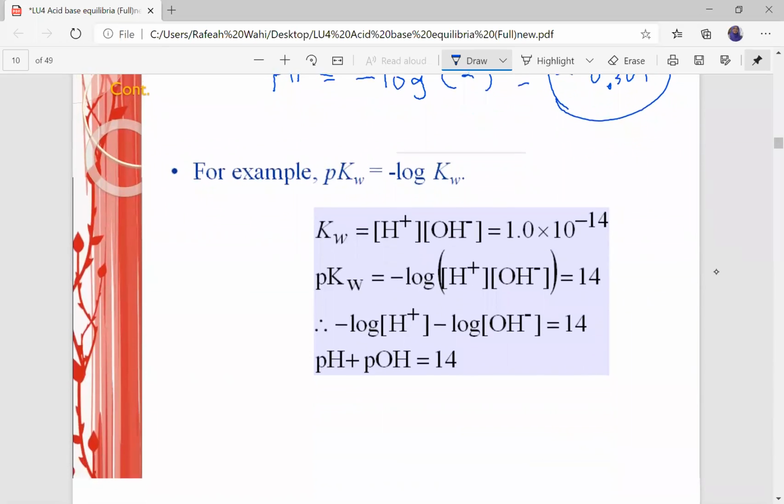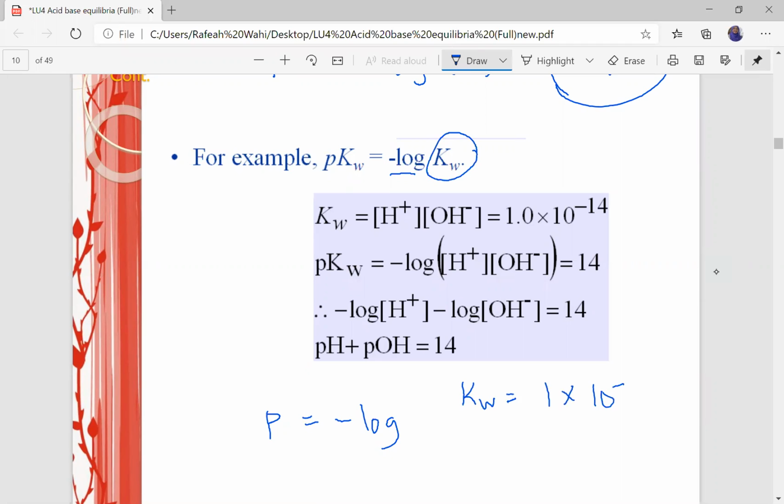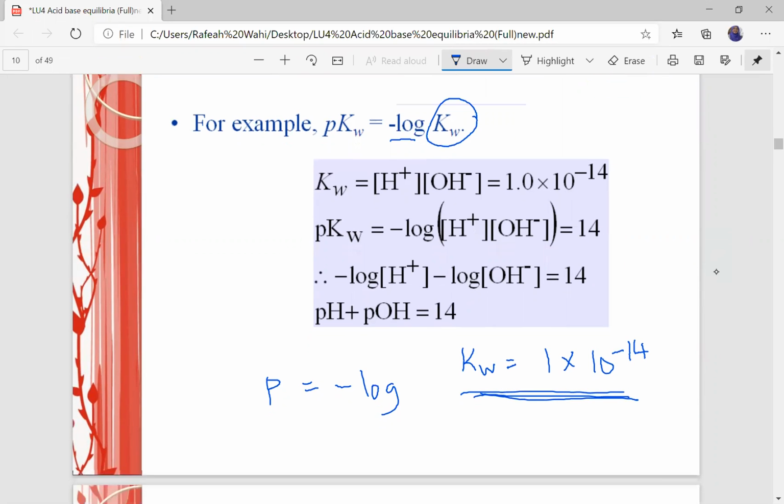Okay? So for example, pKw is negative log Kw. Remember just now, P function is equal to negative log. So pKw means negative log Kw. We know from our previous discussion that Kw is equal to 1 times 10 to the power negative 14 at room temperature. So this is a definite value. You should be able to memorize it.